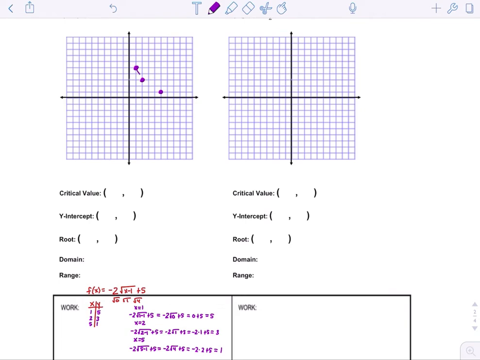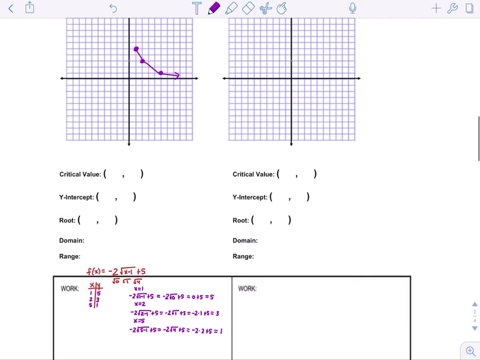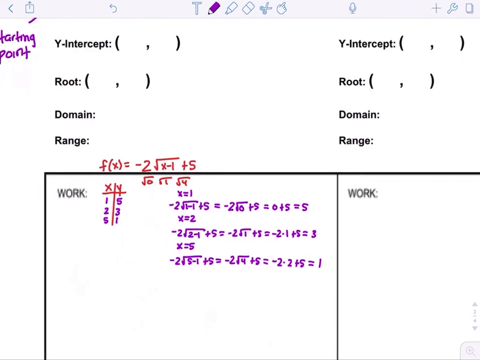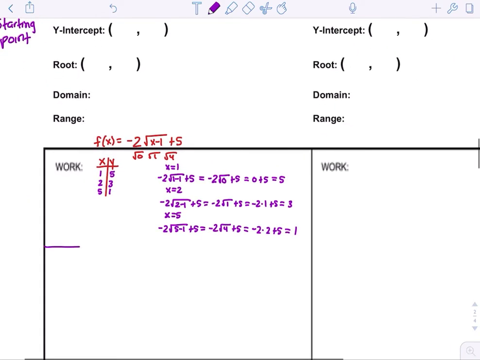So your graph is going to look something like that. And let's note that this is our critical value, 1 comma 5. Critical value, this is our starting point. Alright, so there's the work on how you get your coordinates.